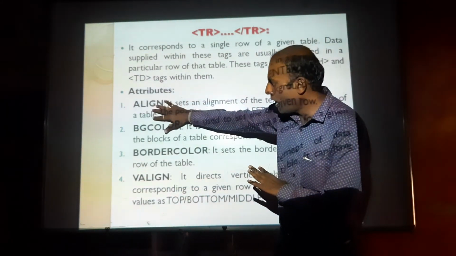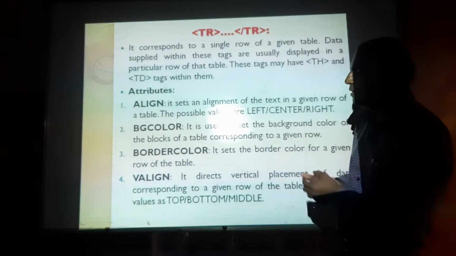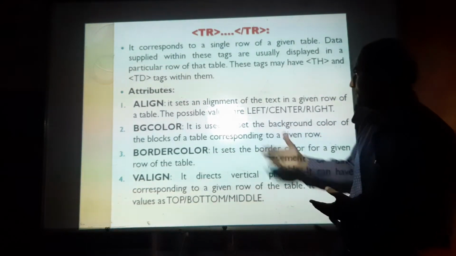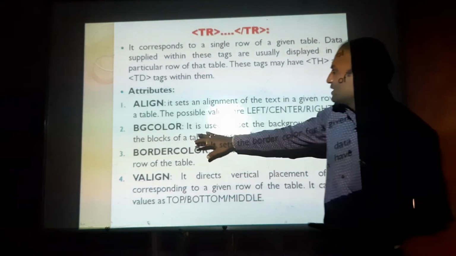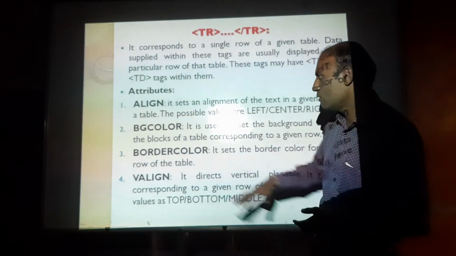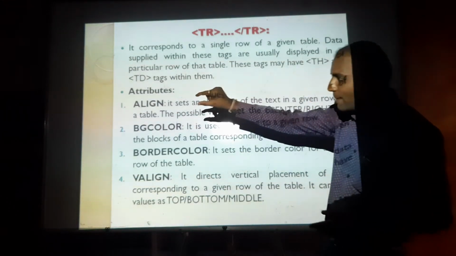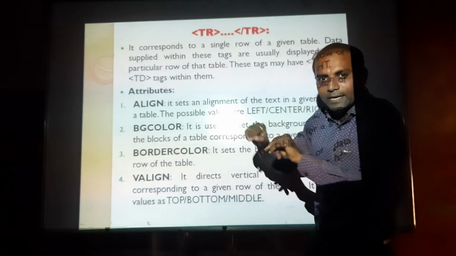The align attribute sets the alignment of the text in a given row of a table. The possible values are left, center, right. BG color sets the background. Border color will change only that particular row's border color, not the entire table.